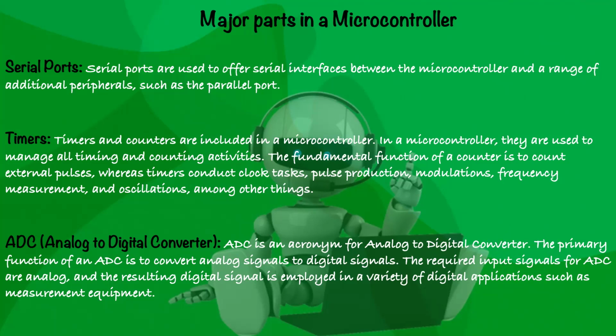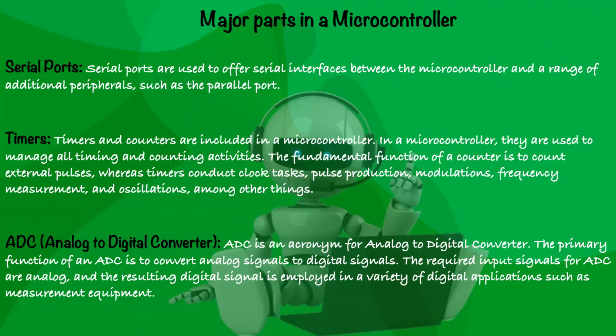After that, we have the analog to digital converter. One of the most important things to do when we build a robot, because every device or every sensor will basically work on either an analog signal or a digital signal. Now we need a system using which we can convert one signal to the other.